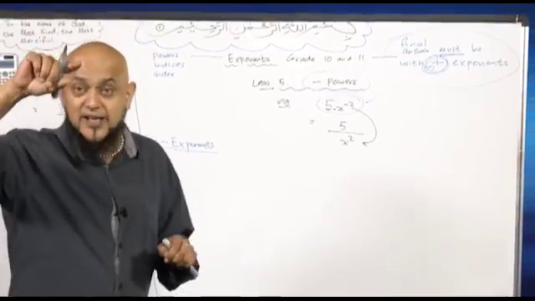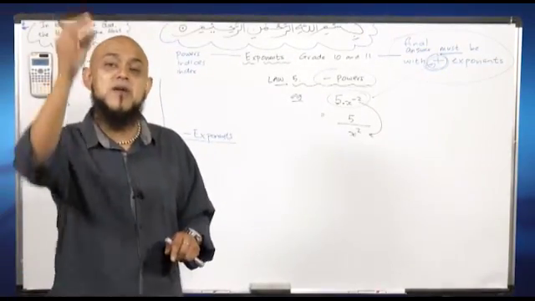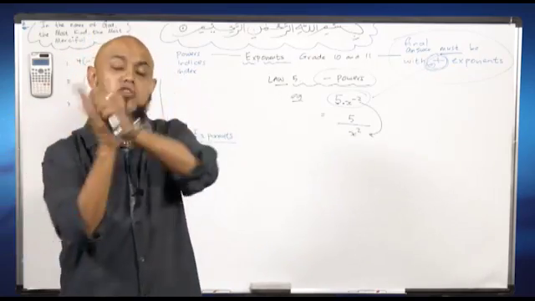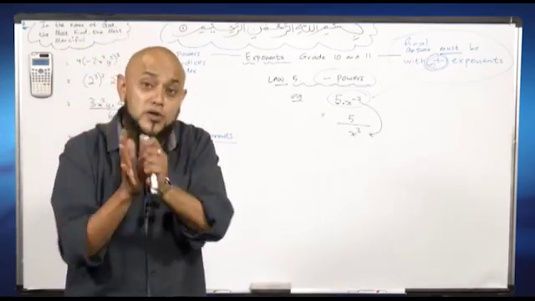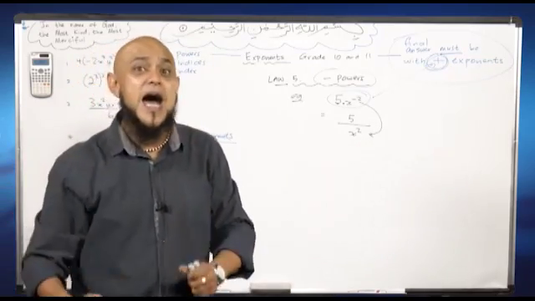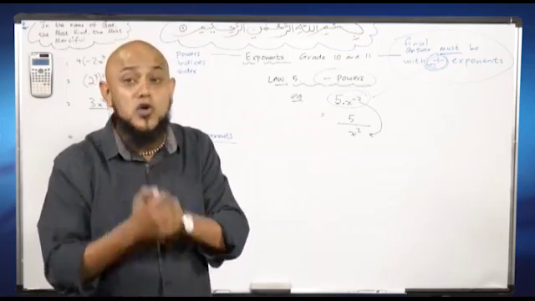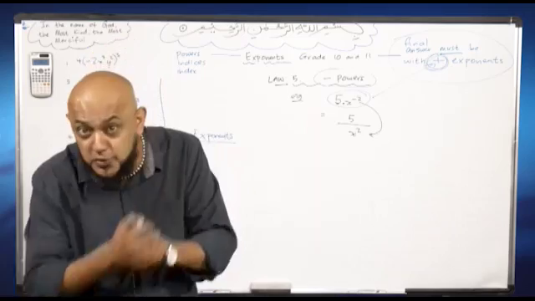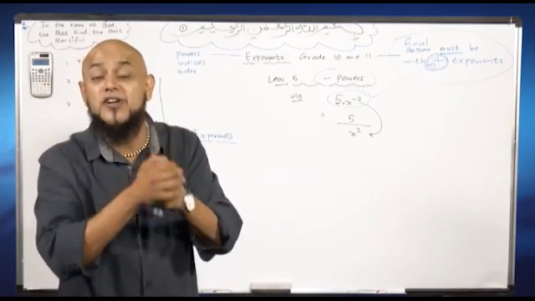So, when you're bringing it, you cannot just bring the power down. Remember, the power does not exist on its own. The power is attached to the base. They are super glued. They can never be separated. A power and the base are married. They married in court, right? They are joined at the hip. They are a pair of Siamese twins. They can never ever be separated.